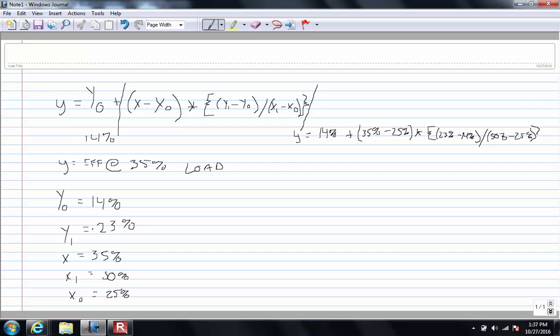So you have to remember our order of operations on this to figure it out. Everything in the brackets gets done first, right? So inside our brackets, this is going to be 9% divided by 25%.